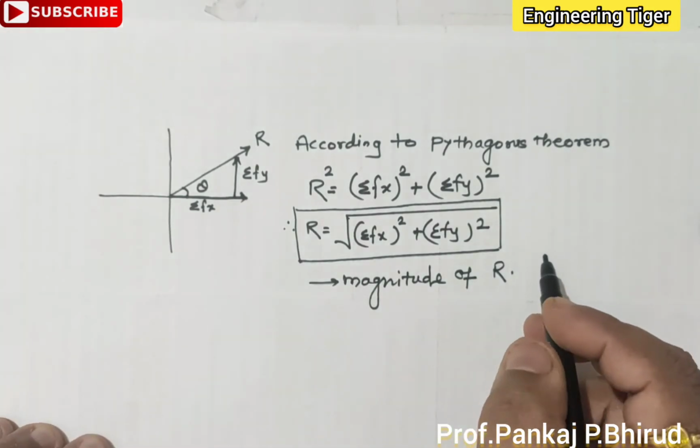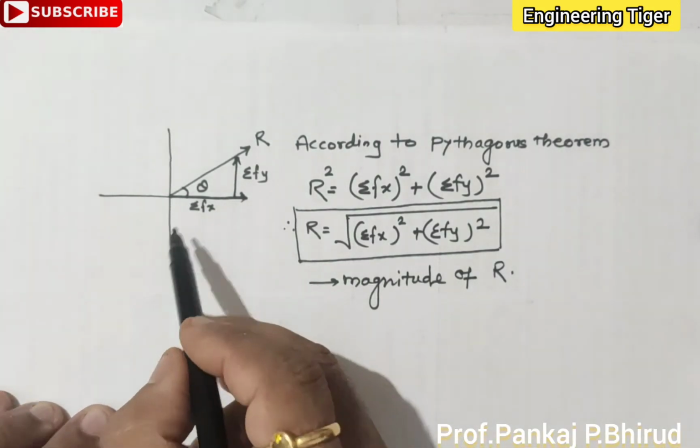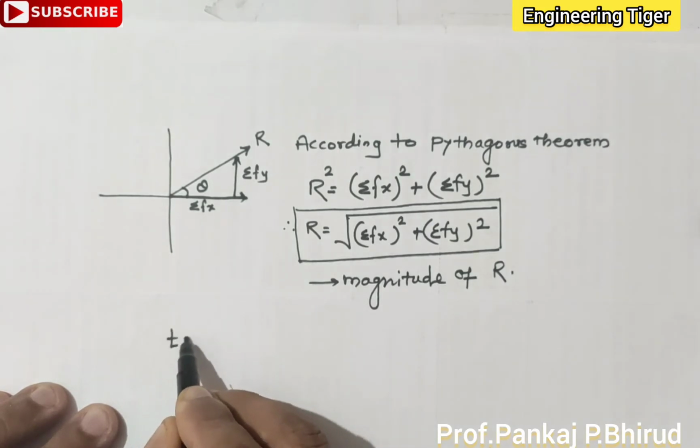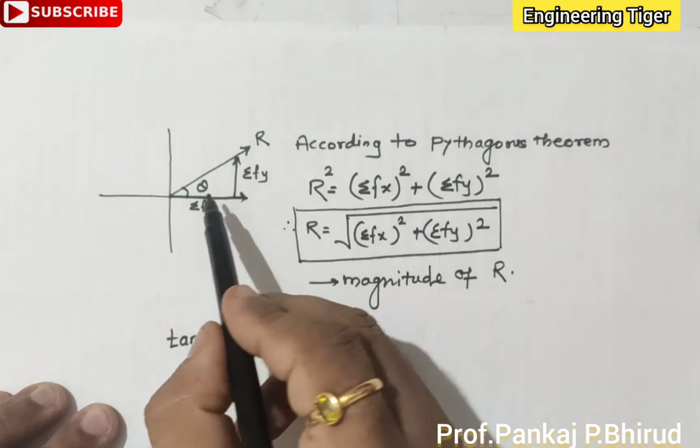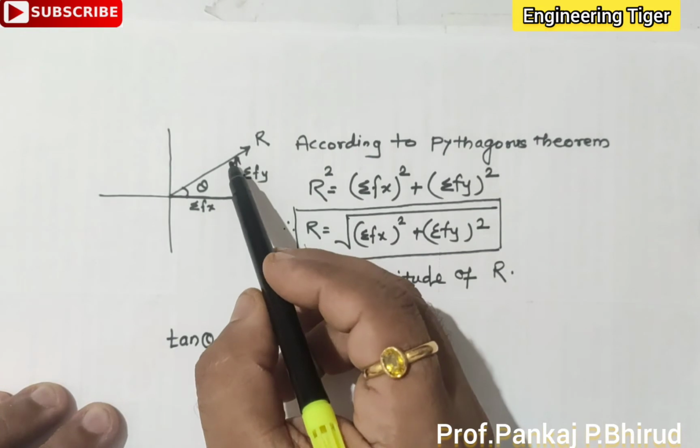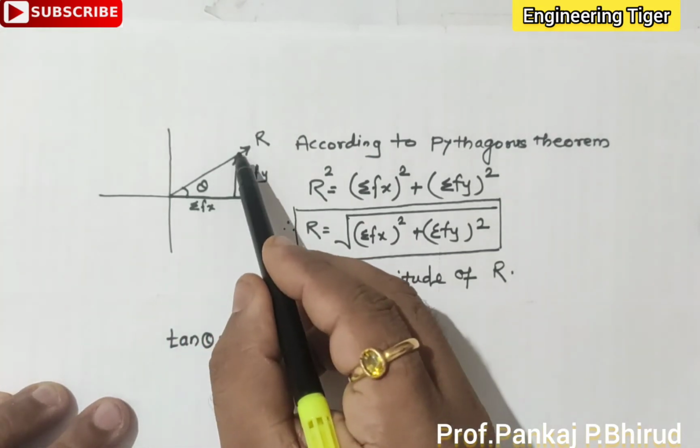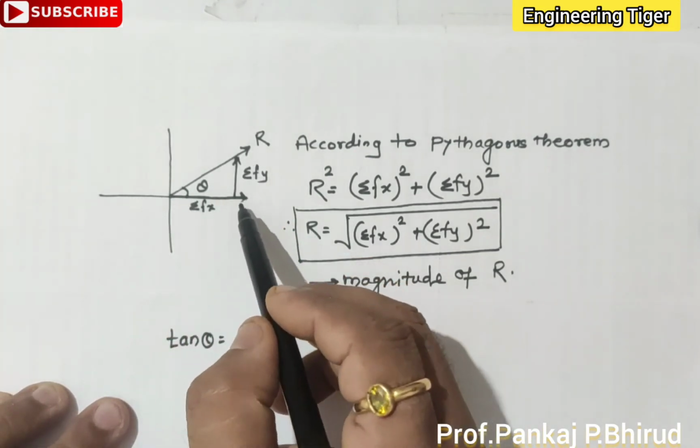Now let us find the direction. If we calculate tan theta from this figure, tan theta means the ratio of the opposite side to the adjacent side.